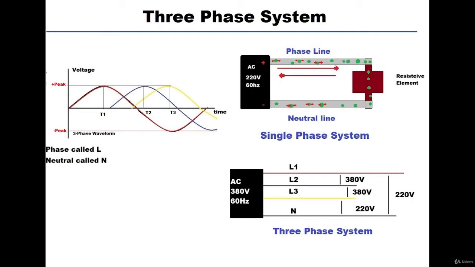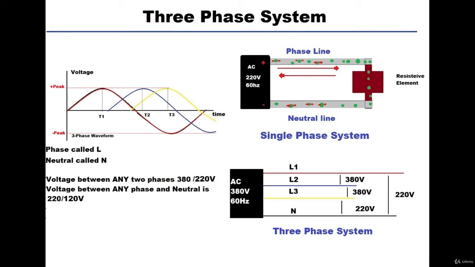The first one is the phase-to-phase voltage rating. So if we measure the voltage between any two phases of the three phases, we are going to get a certain value. However, measuring the voltage between any of the three phases and the neutral line, we're going to get a different voltage rating.